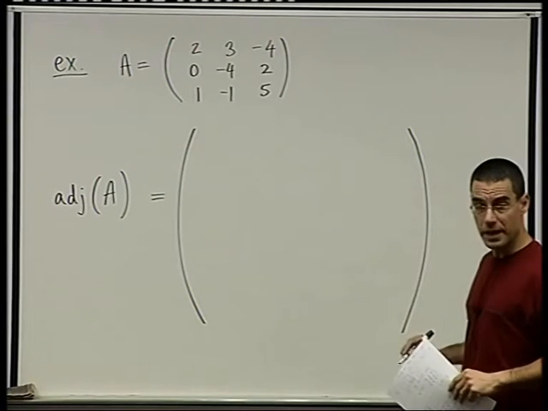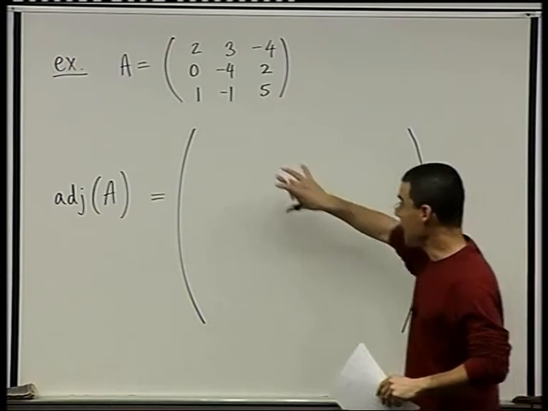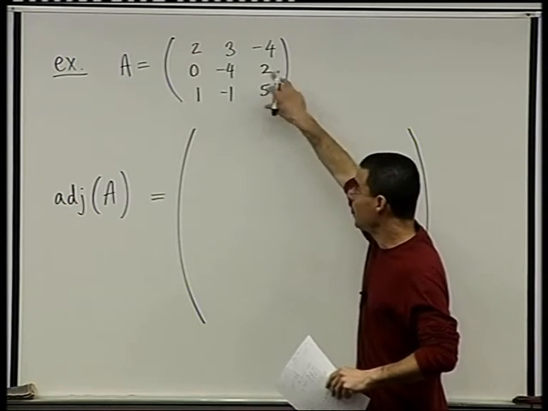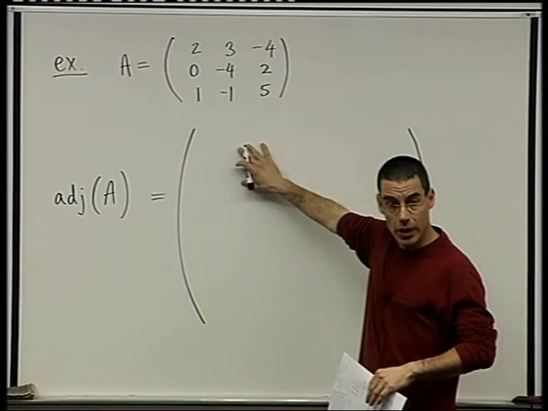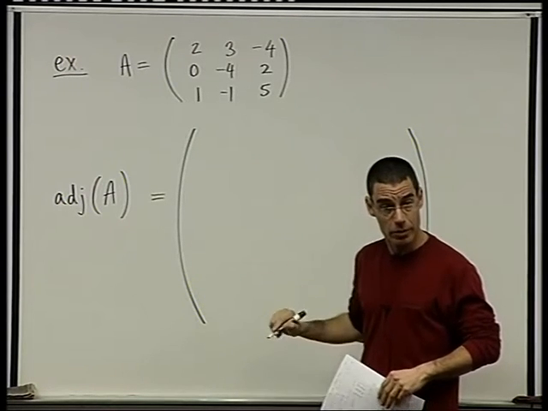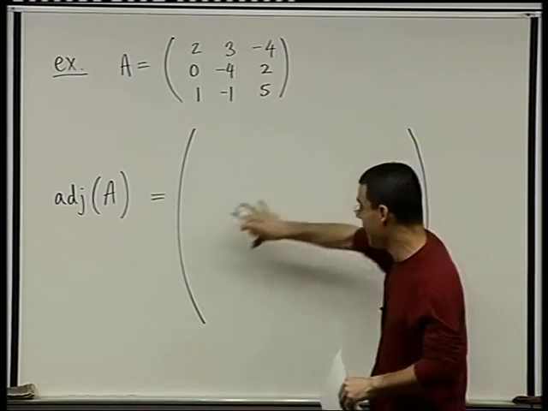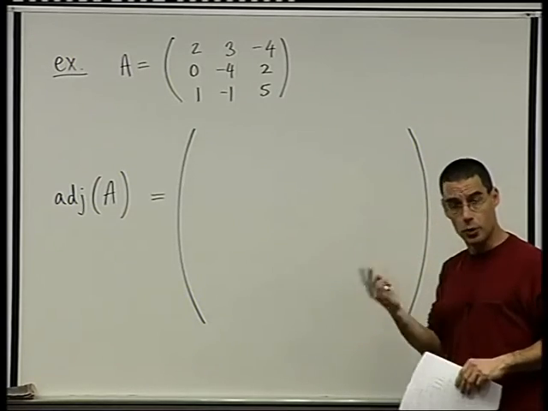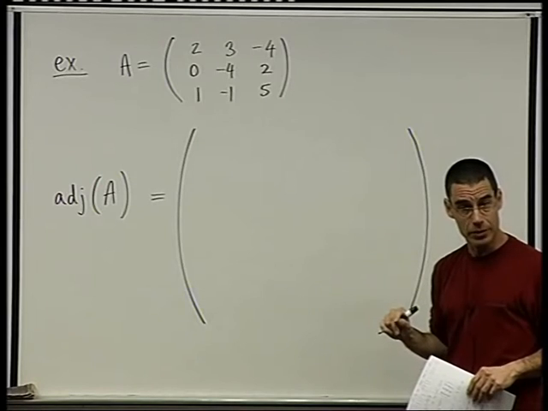Each entry is going to be a 2 by 2 determinant, right? Okay, that's what it means, taking the determinant of the minor. So there are going to be 9 entries, each of which is a 2 by 2 determinant up to plus or minus, right?